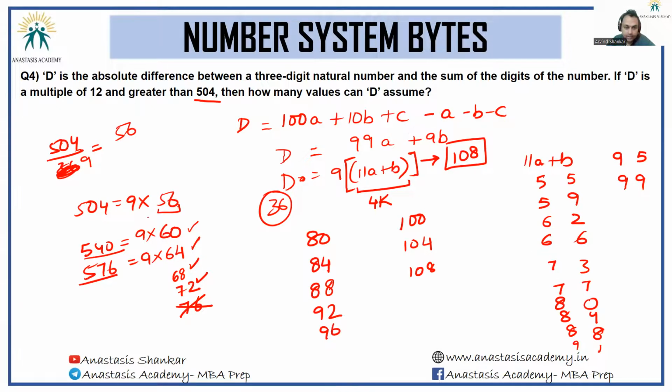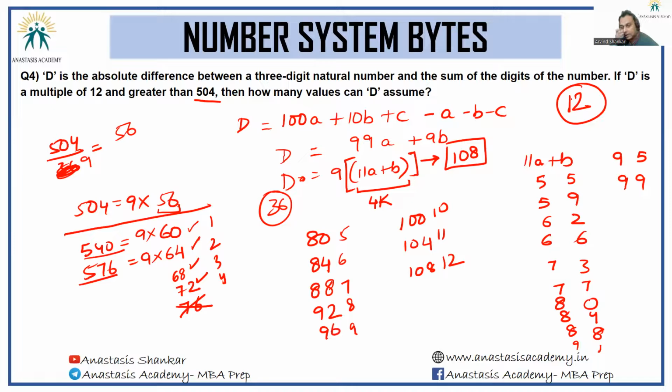So all cases are possible. See, this is the limit after which everything starts becoming possible. Each of these cases are possible. So 1, 2, 3, 4, 5, 6, 7, 8, 9, 10, 11, and 12. Another well thought out question. There are going to be 12 values that they can assume.